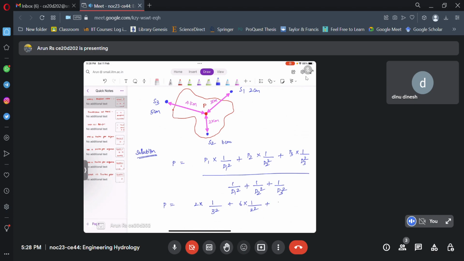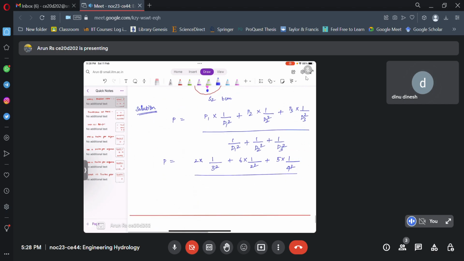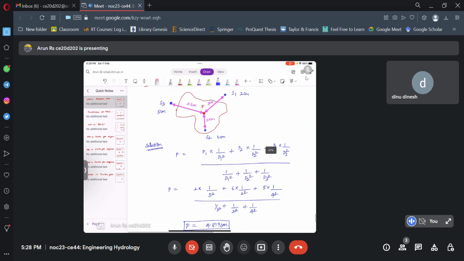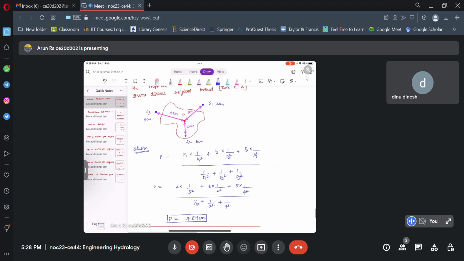Station 3 is 5 centimeters, distance is 4, so 1 by 4 square, divided by the summation of your weights. So your precipitation at the point of interest is 4.819 centimeters. In this way you can estimate the precipitation at a point of interest using the inverse distance weight method.